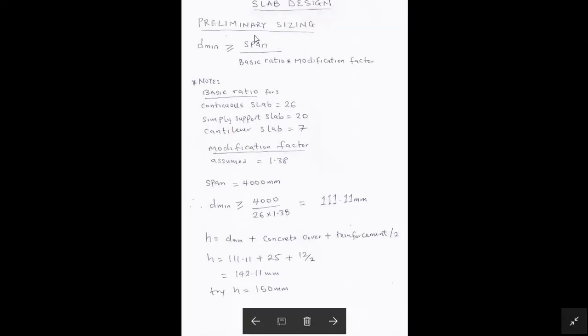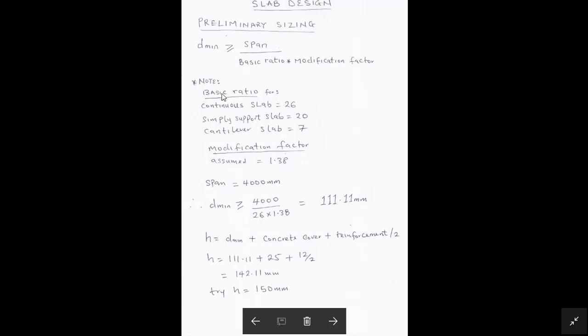For the preliminary sizing, the formula says the minimum effective depth of the slab must be greater than or equal to your span, which is the short span we are considering, over the basic ratio multiplied by the modification factor.